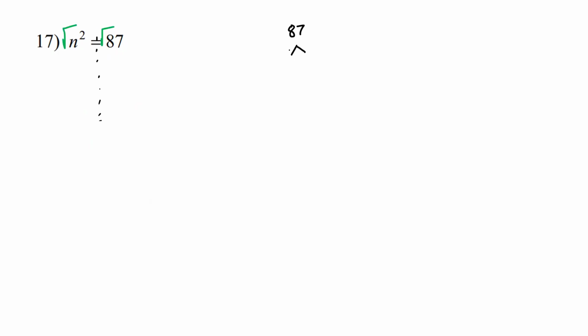So 87, that's 3 and 29. 3 is prime, so that branch is done. 29 is also prime, so that branch is done. So if I were to put this back in the square root, 3 times 29, there are no buddies here. There are no partners, so nothing goes on the outside. So I just leave this as the square root of 87. You can't take any buddies.